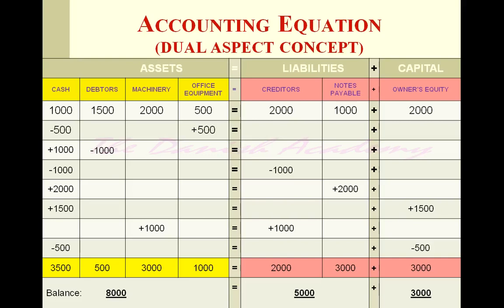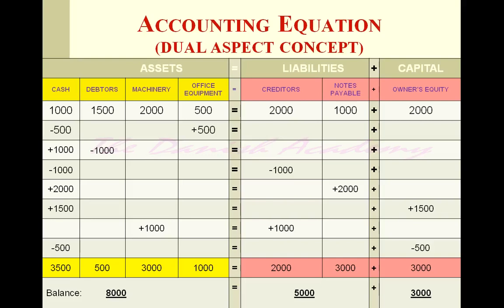And in liabilities the business has 2000 in creditors and 1000 in notes payable, and owner's equity is 2000. It is also 5000 in total. So both sides are equal.